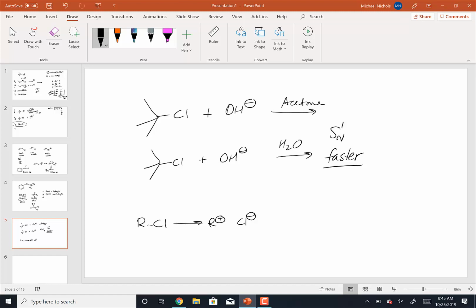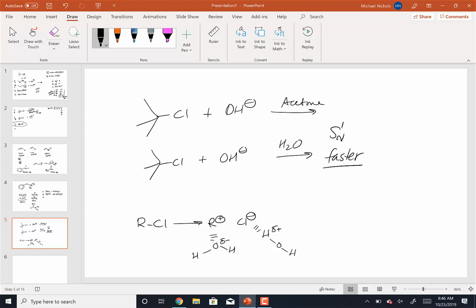With the aprotic solvents, it's just a question of what the protic solvent does, and then the aprotic is either faster or slower because it's not protic. Protic solvents have the ability to solvate ions really well, through either the hydrogen being slightly positive, or in this case, the oxygen being slightly negative. So protic solvents solvate ions better than aprotic solvents.